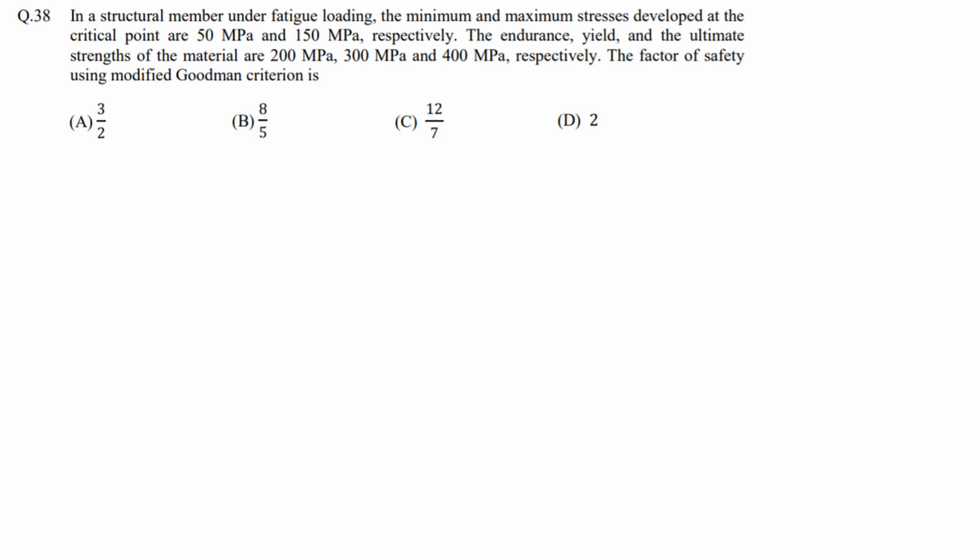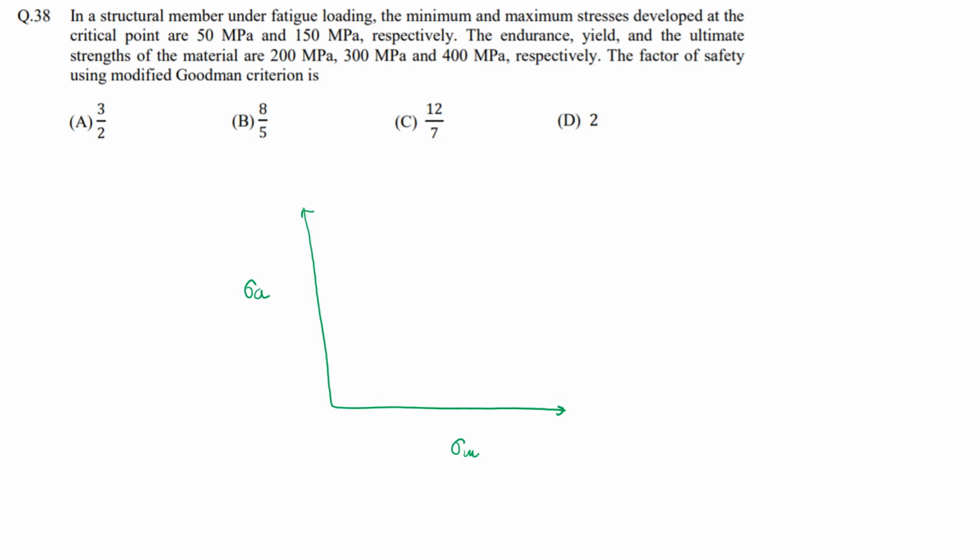The factor of safety using modified Goodman criterion is... So guys, the Goodman criterion gives the relation between the alternating stress and the mean stress. It tells you about an area where, when we have a certain alternating stress and mean stress, whether the material is safe or not.